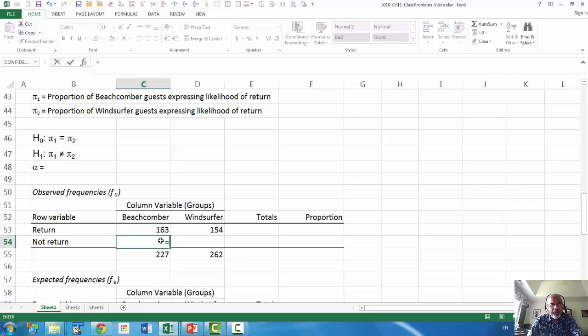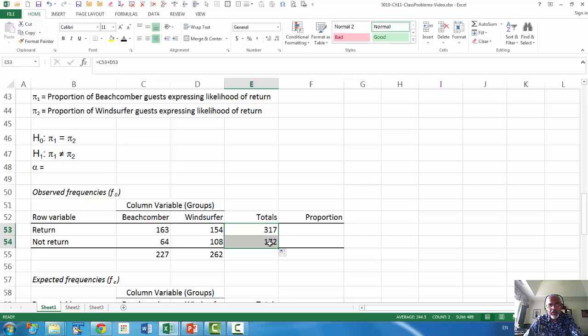We can then compute the non-return, which will be n sub 1 minus that. Now if you total this way, that will give us the total yes and total no. The total here is that plus that, which is your total number of observations, n.